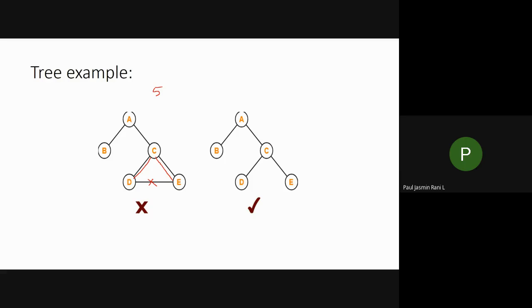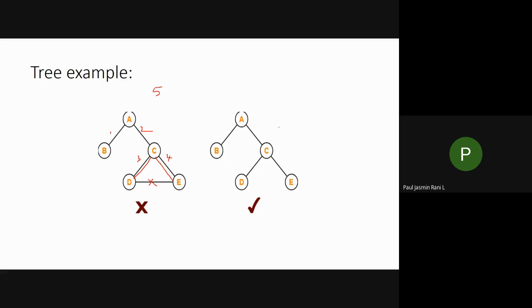So you can have only 5 minus 1, that is n minus 1 edges, which means only 4 edges are allowed: 1 2 3 4. These other edges are not allowed. If you have more than n minus 1 edges, then I cannot say that it belongs to a tree data structure.